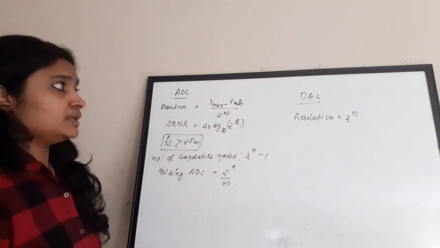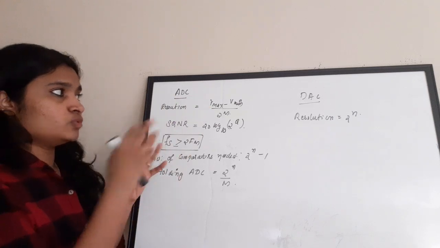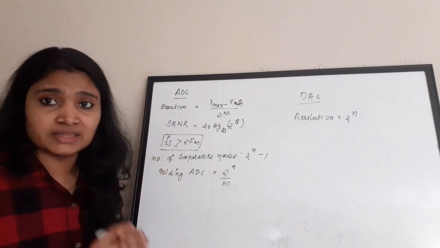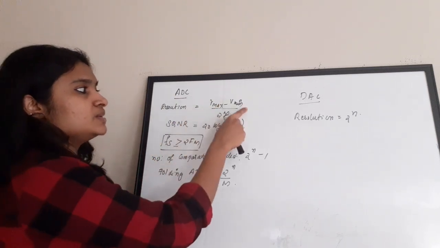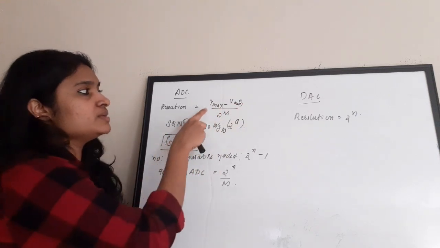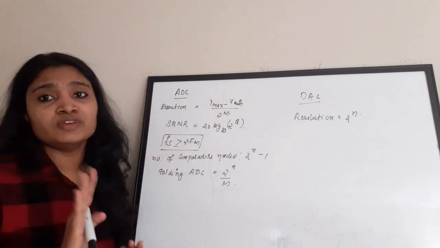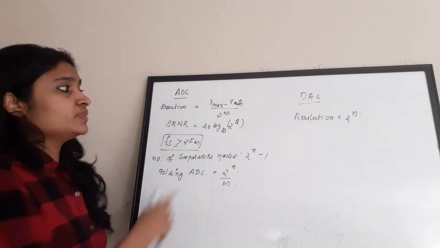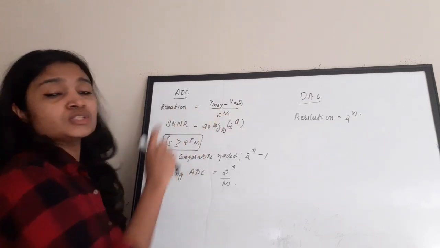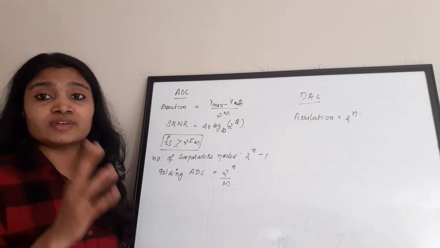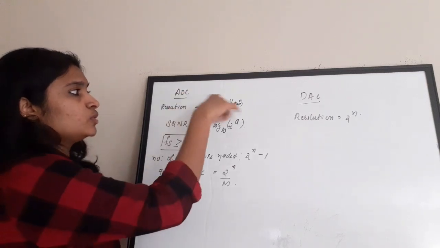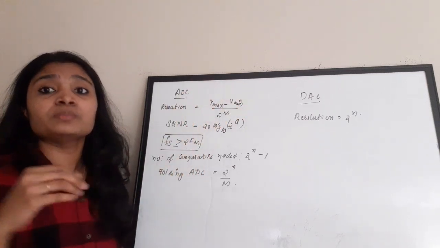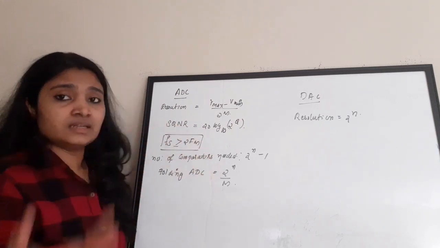But if the maximum and minimum voltages of the ADC are given, then Vmax minus Vmin by 2 raised to m. This Vmax minus Vmin is nothing but V full scale, the full scale voltage of the ADC. So this is one important equation which is useful for doing problems, and also theory.